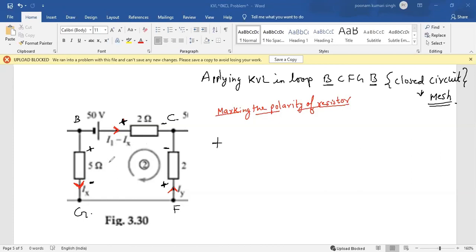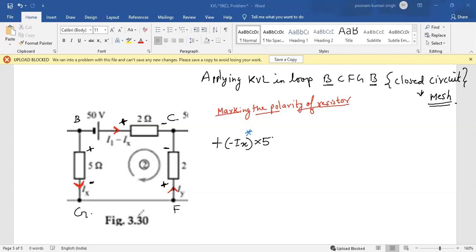I am going in clockwise direction, but the direction of current is anti-clockwise. So I have to write the current as minus Ix, because I am moving like this and the current is in the downward direction. So minus of Ix multiplied by 5. Students, is this clear? Yes, sir.